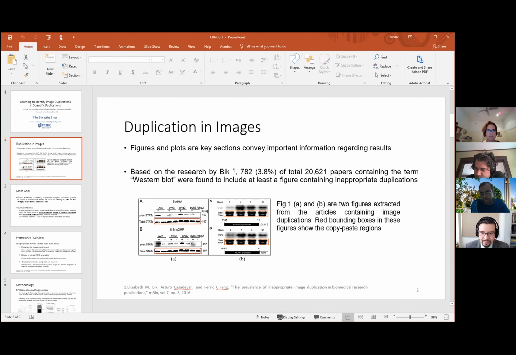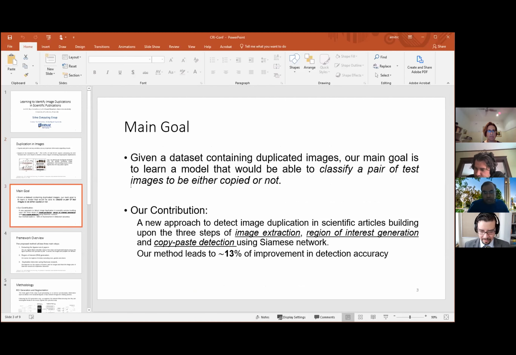So given this data set, can we develop a computational method that would be able to identify these image duplications? And if we are able to, how well does our method work? So that is essentially the main goal. Given the data set, we want to learn a model that would be able to classify a pair of test images to be either copied or not.